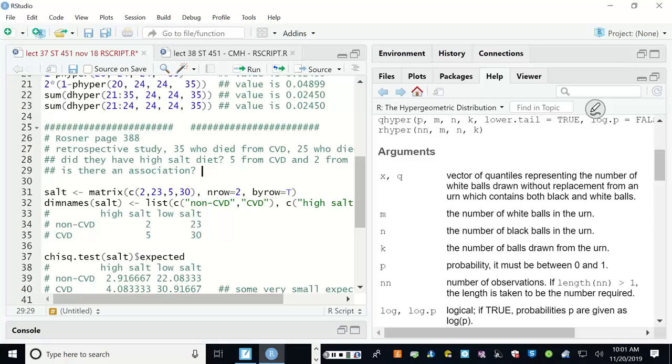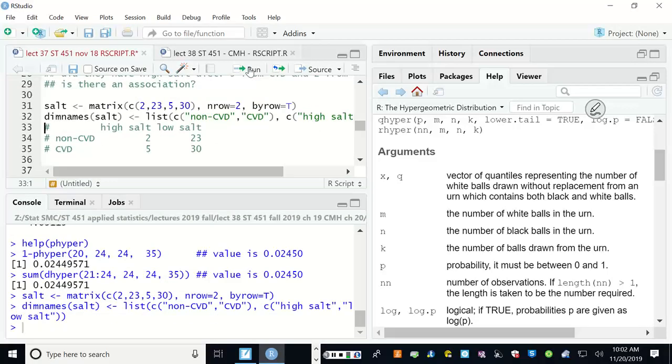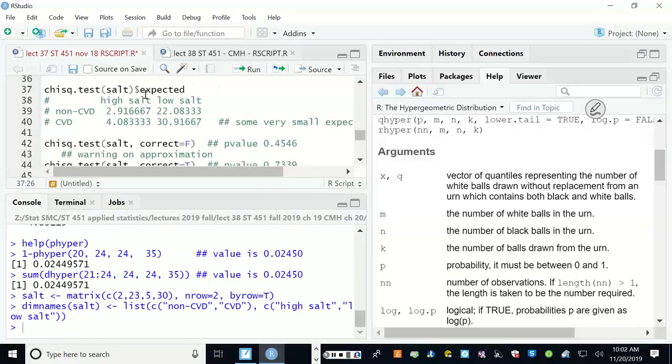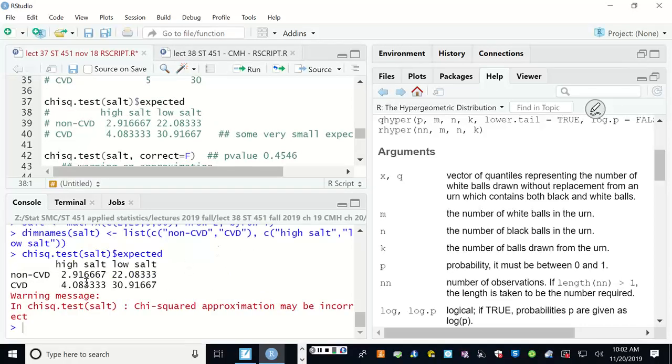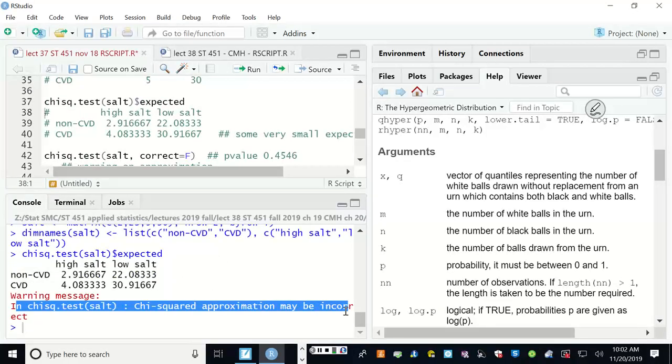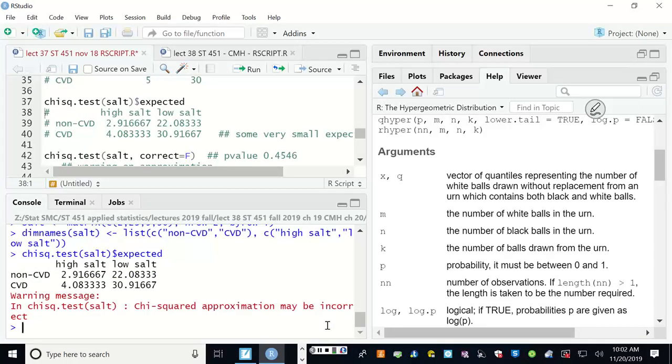Again, kind of a small sample size there, and to try to test independence in this, here are the small expected values. The chi-square gives this warning that the chi-square approximation might not be correct. So meaning the p-values might not be all that useful because it's not all that normal. Right?